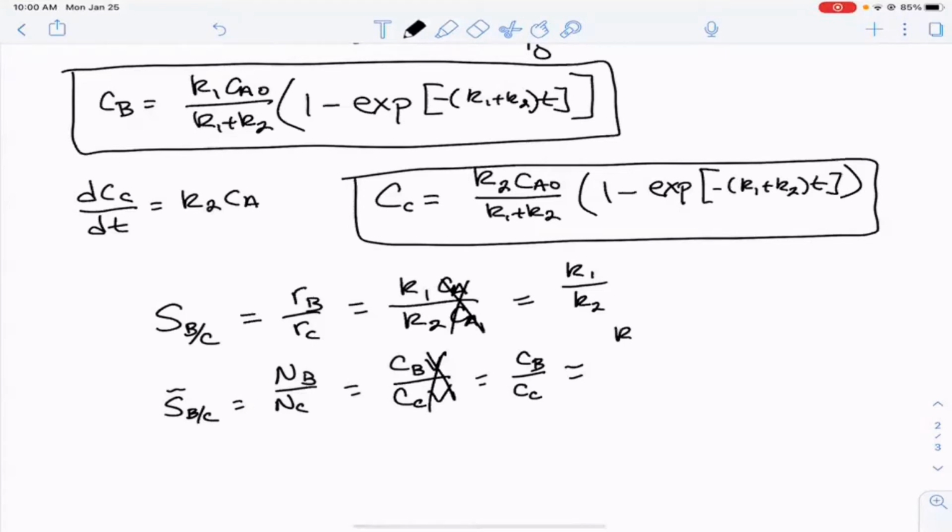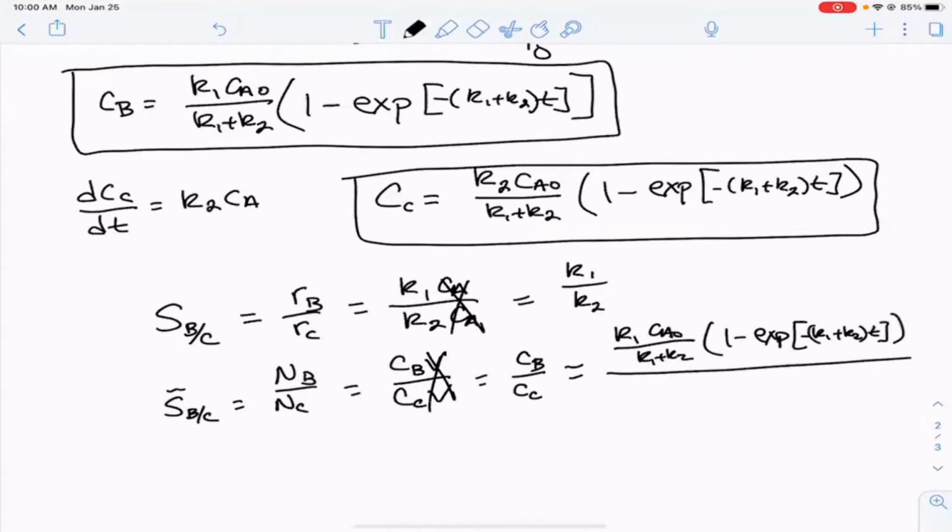So it's K1 CA0 over K1 plus K2 times 1 minus the exponent of minus K1 plus K2 times time, divided by K2 CA0 over K1 plus K2 times 1 minus the exponent of minus K1 plus K2 times time, okay?